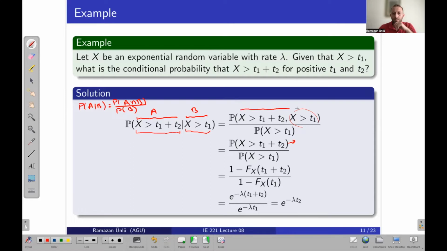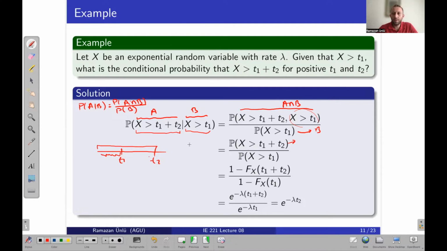Again, this corresponds to A intersect B, and this corresponds to B. So for A intersect B, I can directly write the probability of X greater than t1 plus t2. Just remember that that is t1, that is t2. If this part happened, that means this has already happened.